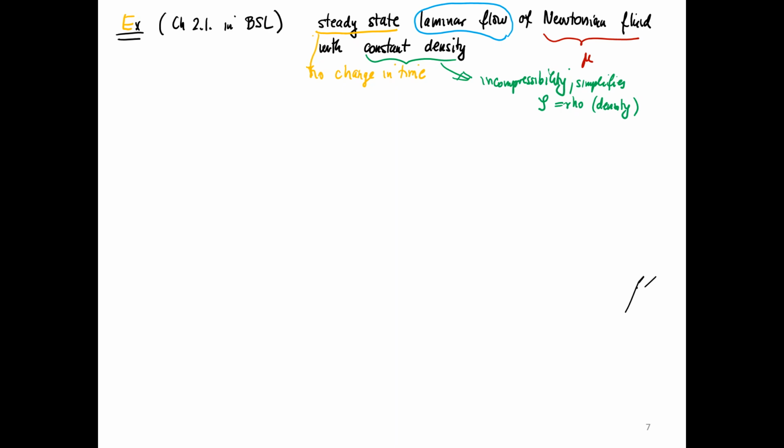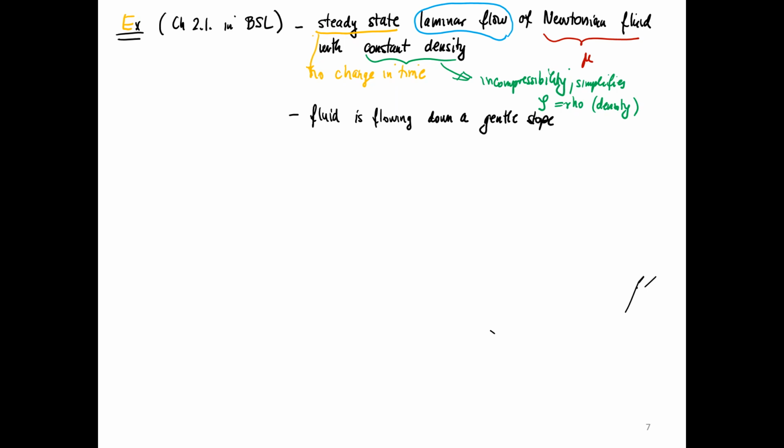So this is basically, I described the fluid and its flow regime. The second step is, well, what is that fluid doing? Where is it flowing? This fluid is flowing down a gentle slope.